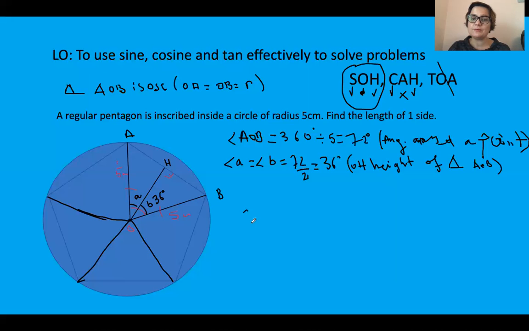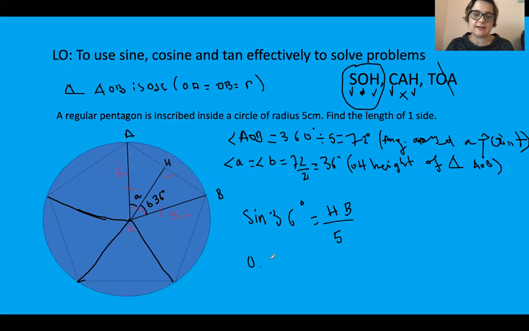So we know from the formula, sine 36 equals opposite over the hypotenuse, so it's going to be HB over the hypotenuse, which is 5. To find sine 36, we need to use a calculator. Sine 36 equals 0.587, so I'm going to round it to 2 decimal points.